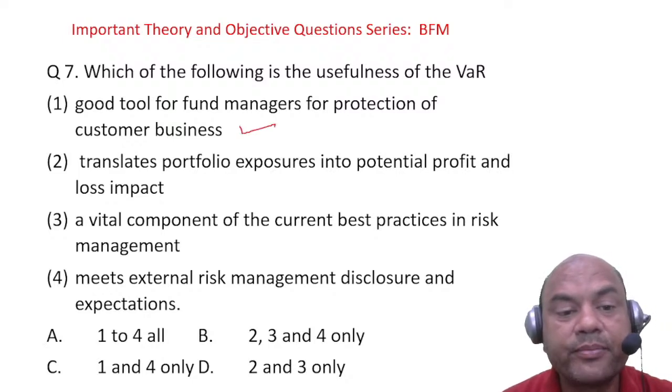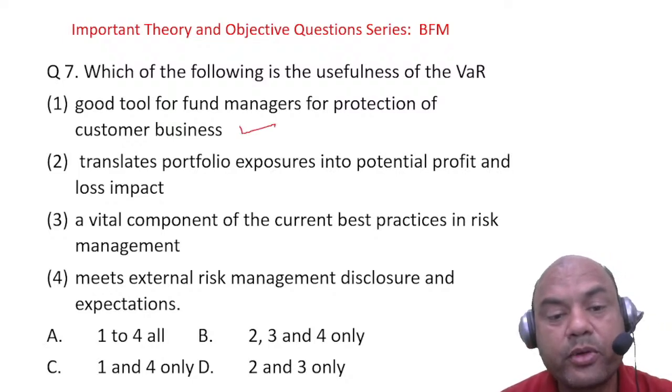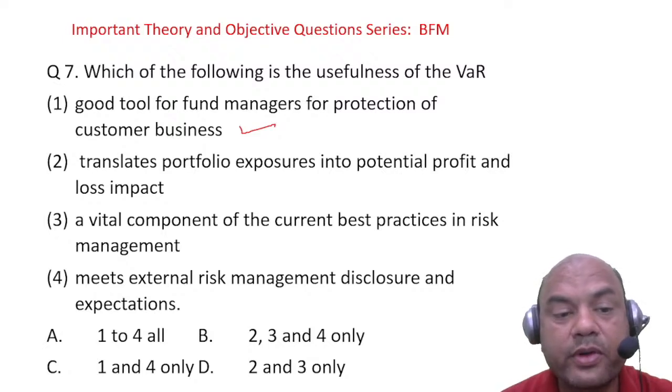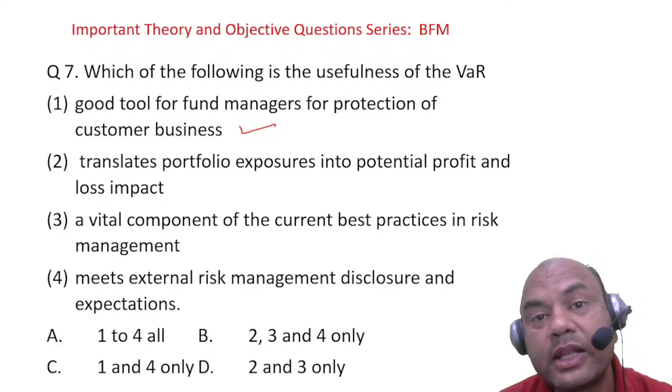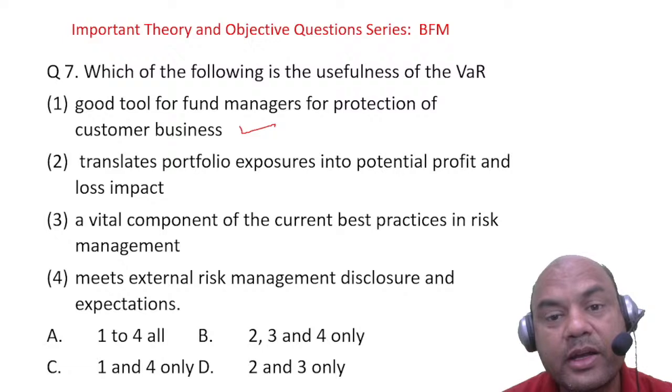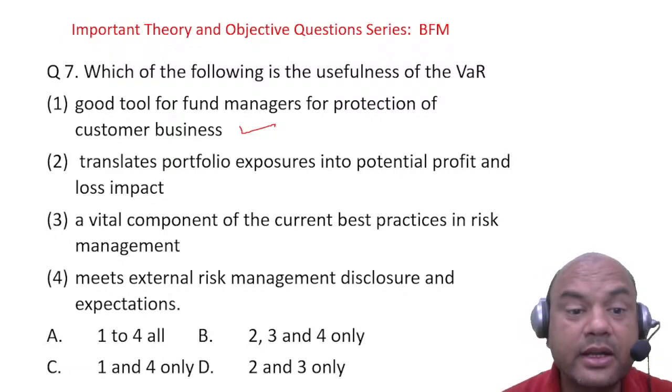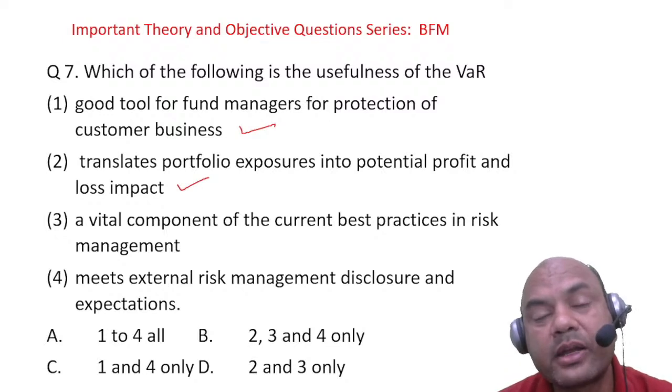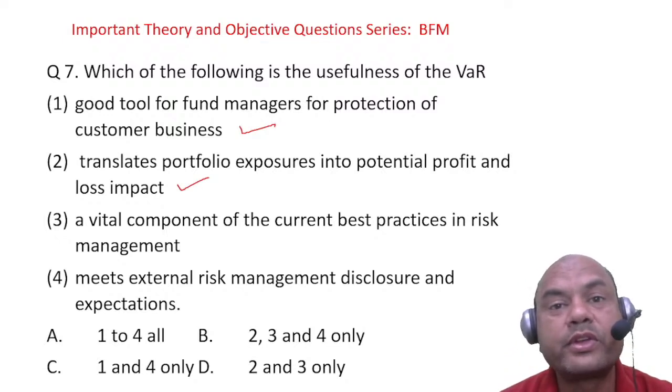What about the second? Translates portfolio exposure into potential profit or loss impact. How much can be the profit, how much can be the loss by the fluctuation of that Reliance share by 5% here and there? Definitely I can predict that, right? How do the banks predict that this year our profits will be around this?